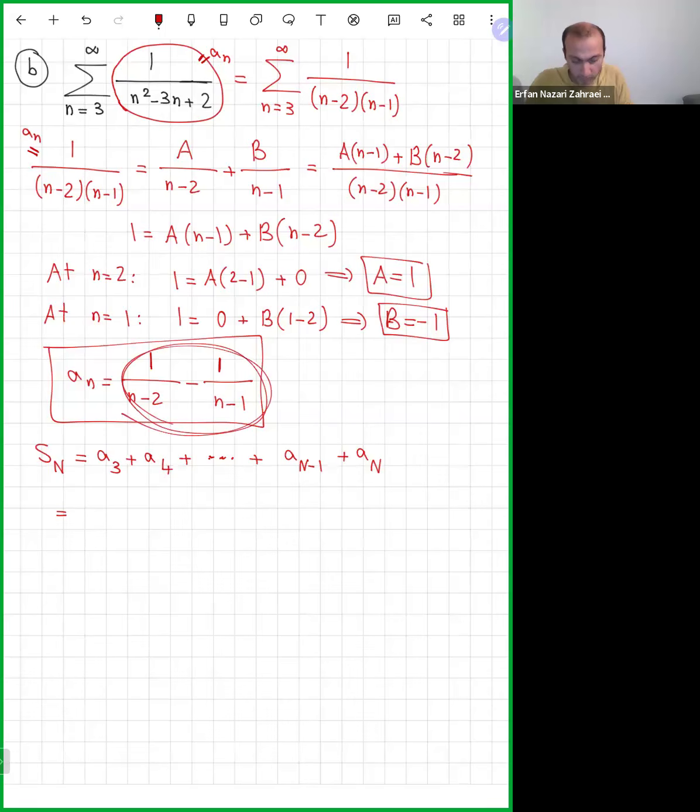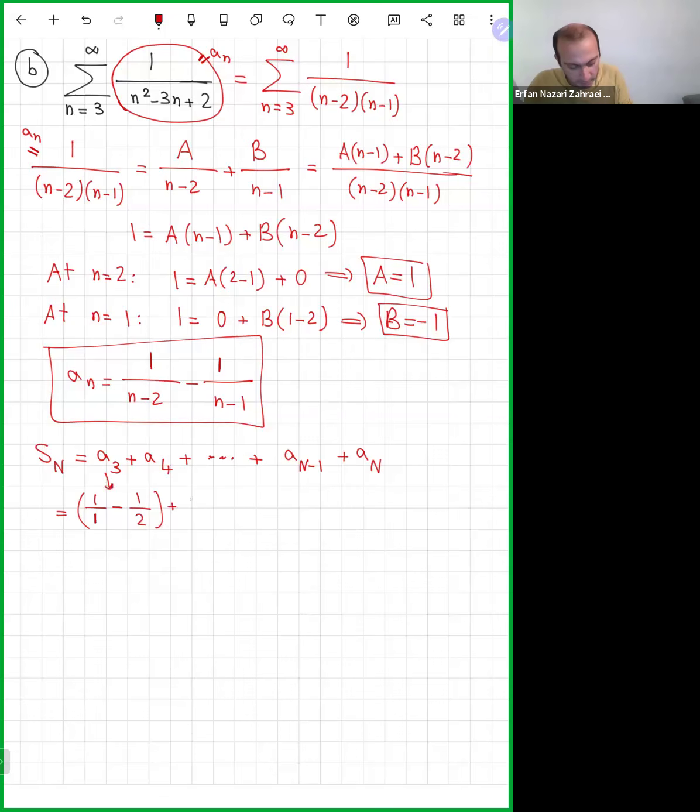What is a_3? I use, of course, the telescoping version of this general term, not the rational function form. a_3 is this for n equals 3. So it's 1 over (3 minus 2), which is 1, minus 1 over (3 minus 1), which is 2.